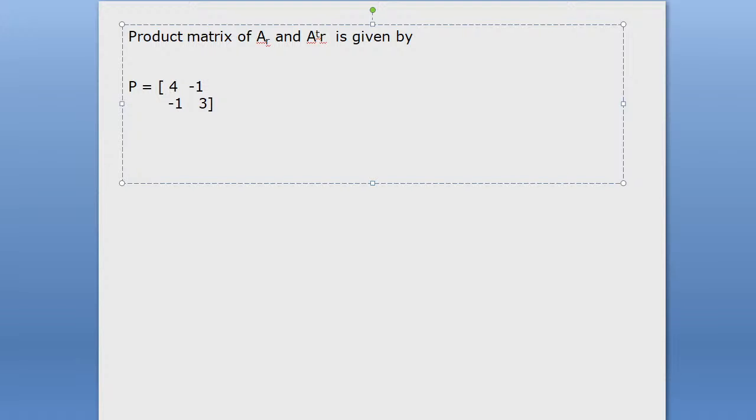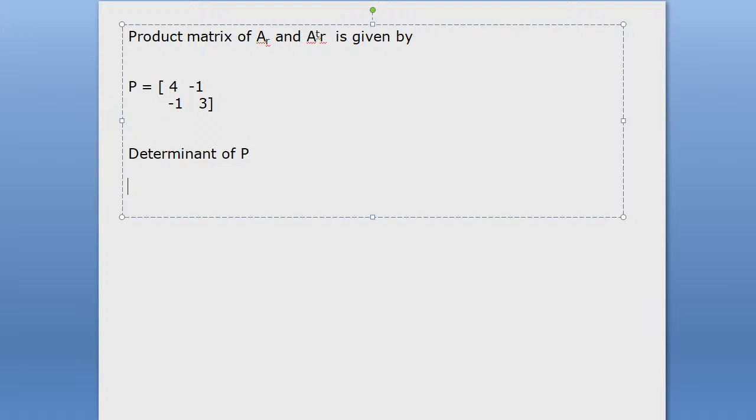Now we will calculate the determinant of the product matrix, which we can write by this symbol, mod P, equal to, this is a simple thing: 4 times 3 is 12, and then minus minus 1 times minus 1, so 12 minus 1, you will get 11. Ultimately you will get 11.